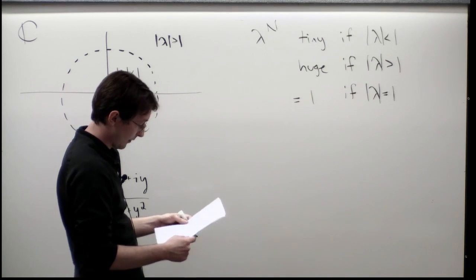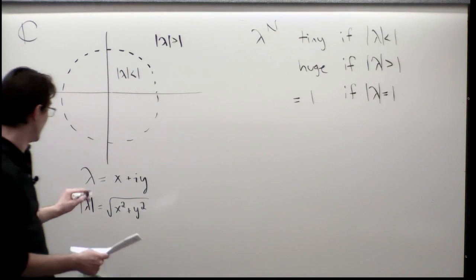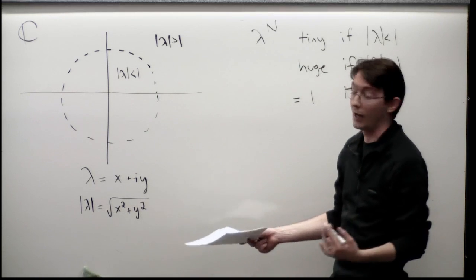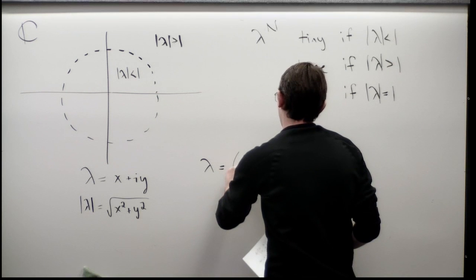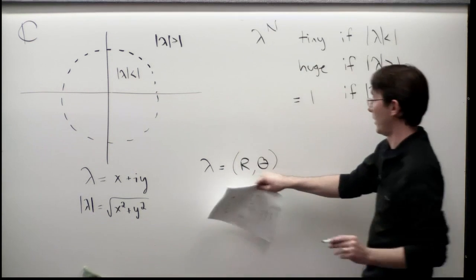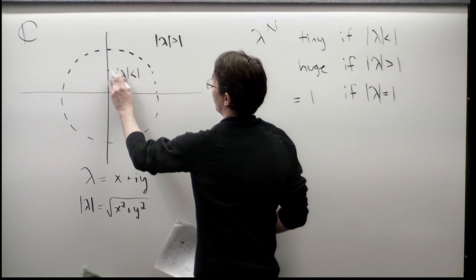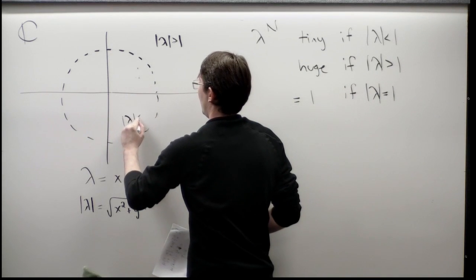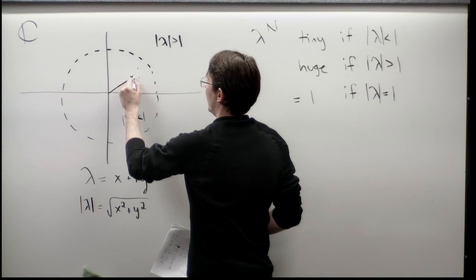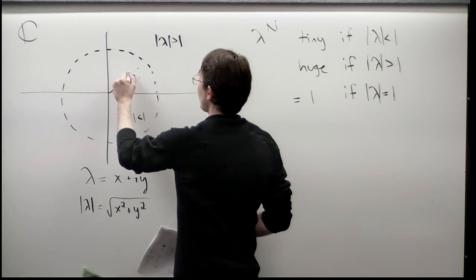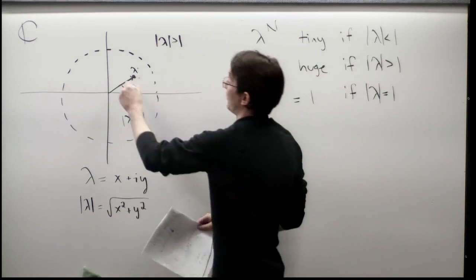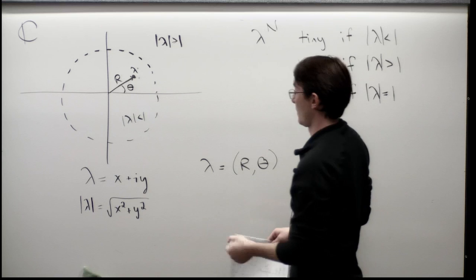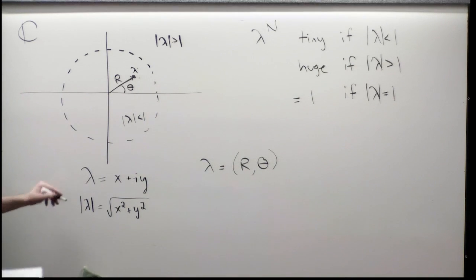Let's see. We can also write this in polar coordinates. So instead of lambda equals x plus iy, we can say lambda equals coordinates r and theta. So for example, let's say this is my vector lambda. Okay, so it has some angle theta, and it has a radius r. And this is the length of my vector, which I'm calling r.